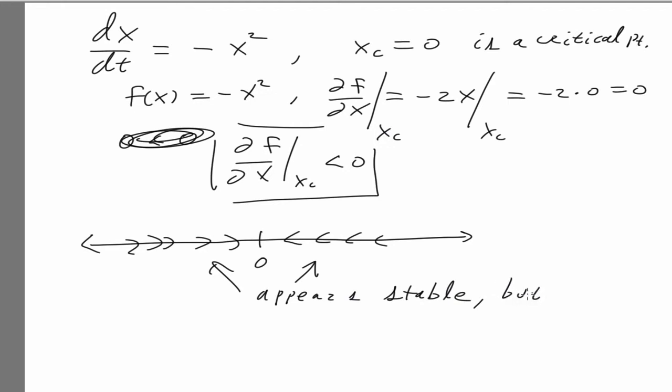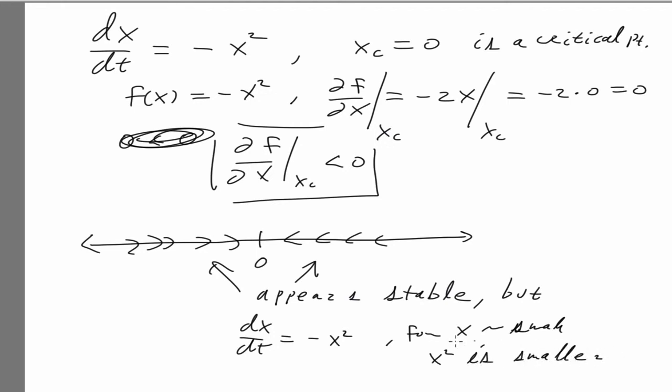But you notice that dx/dt is equal to negative x squared. So for x very small, x squared is even smaller. So what we're getting is basically the differential equation, the rate of change is so slow. So all around here is slow.